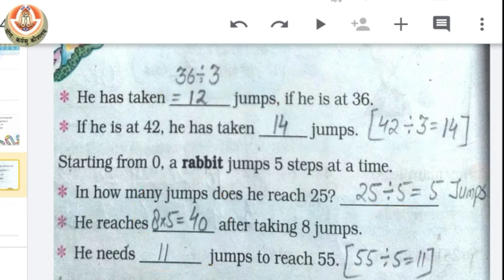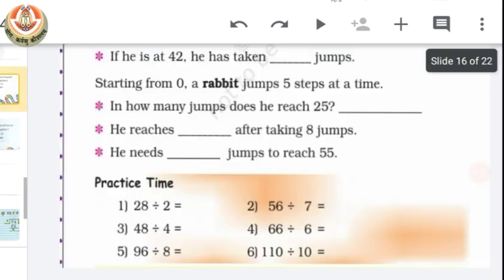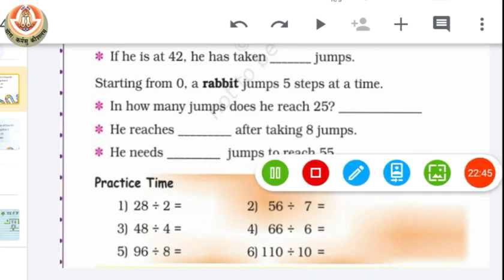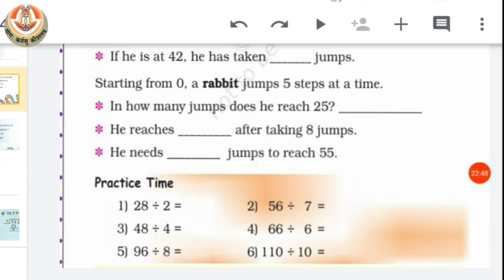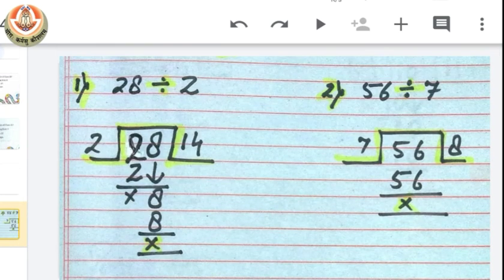Now the last activity for today is practice time. Here we have given a few sums to solve. They are simple divisions, so let's start. The first is 28 divided by 2.